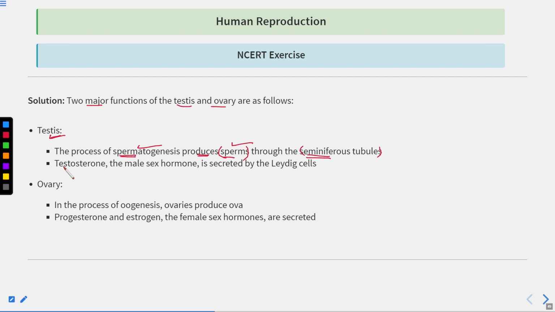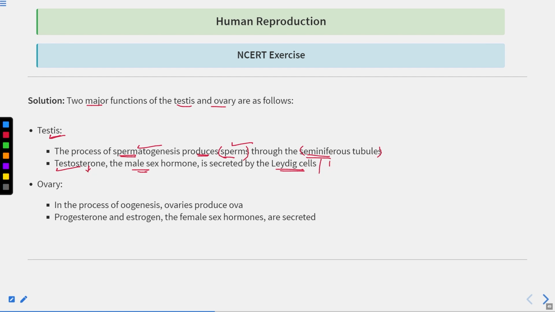And then the second function is the production of the male sex hormone, which is known as testosterone. This is a male sex hormone which is secreted by the Leydig cells. So Leydig cells present in the testes secrete testosterone, or you can say androgen. What are androgens? Androgens are the male hormones.